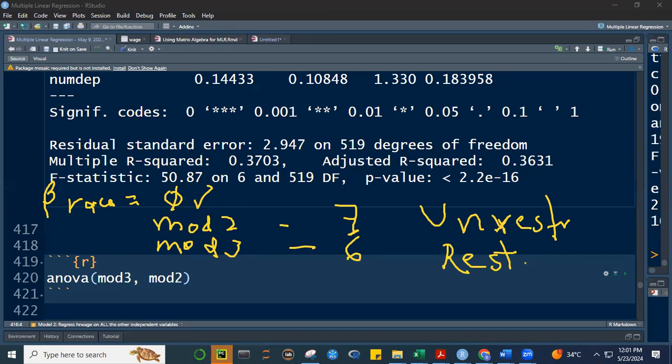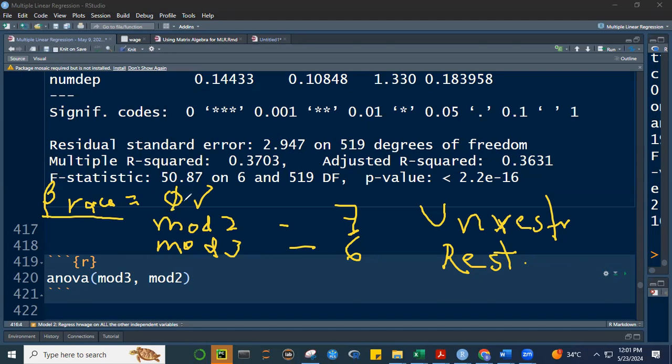I'll repeat my question. You have two models here. Model number 2 has 7 predictors. Model number 3 has only 6. What's the difference between them? It's the race, because we removed race from model number 3. So what are we testing? We're testing if beta for the race is equal to 0.